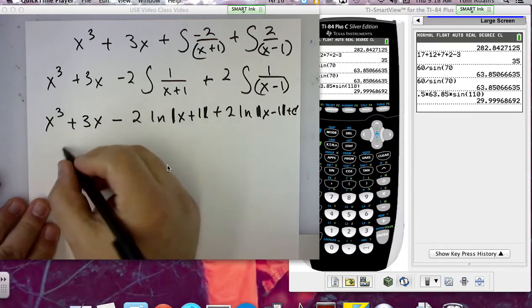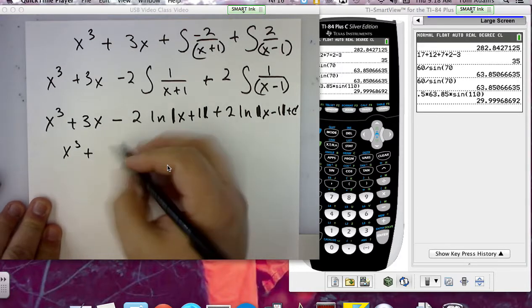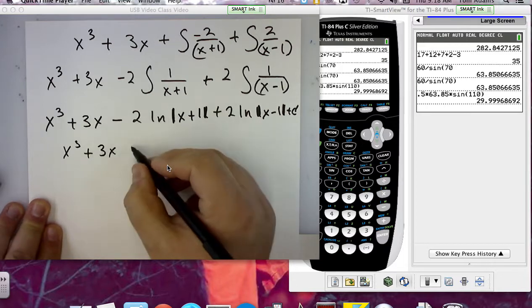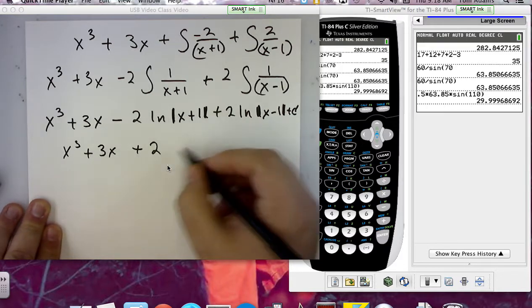So to simplify that, I might say x cubed plus 3x, right, plus 2.